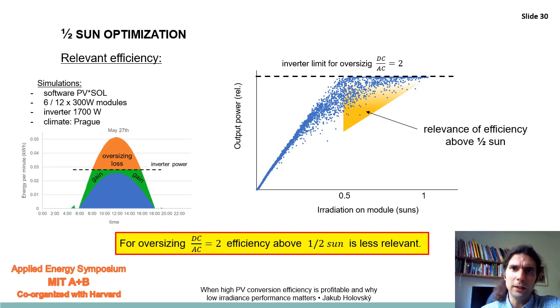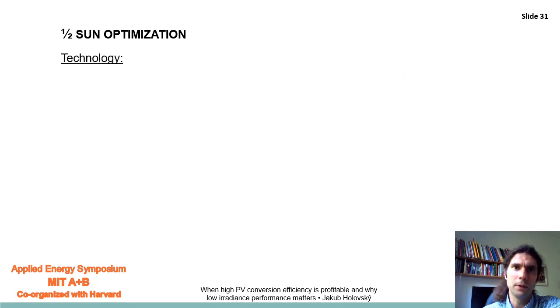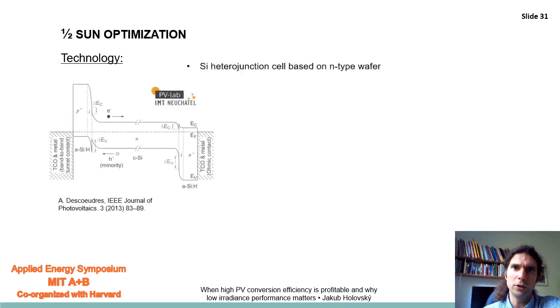So for oversizing, the efficiency at higher irradiance is always less relevant. Question is, how to address this in technology?